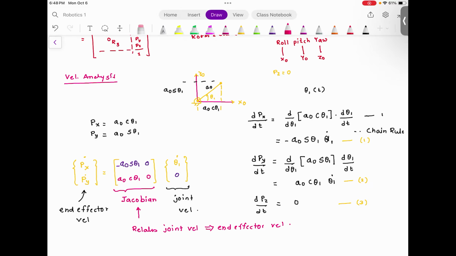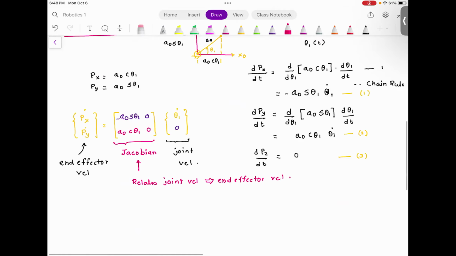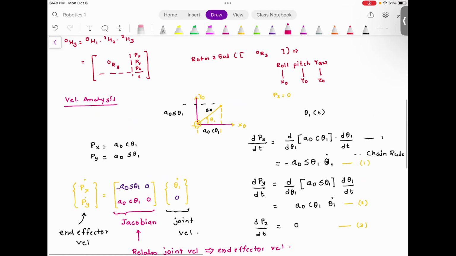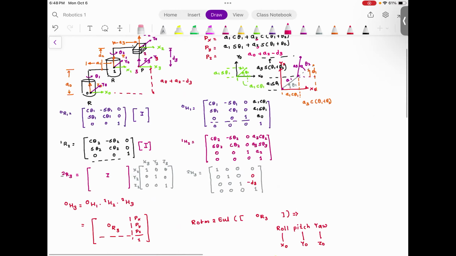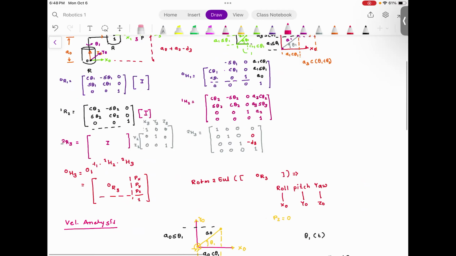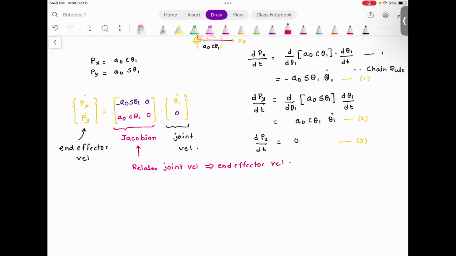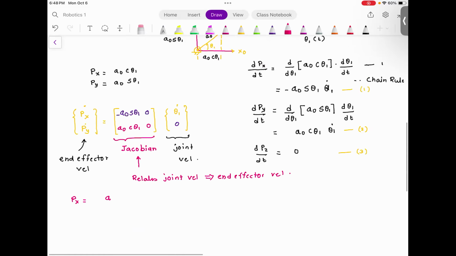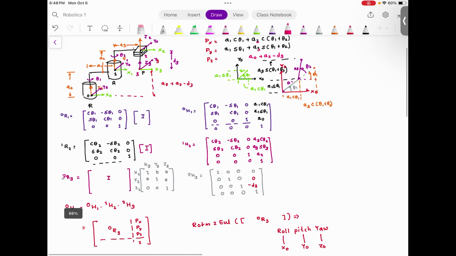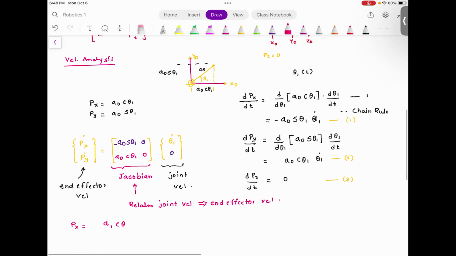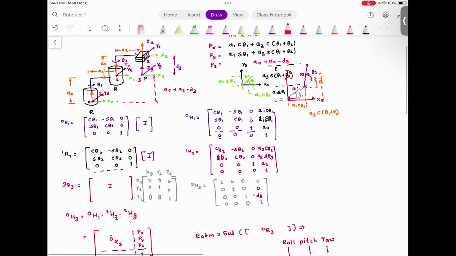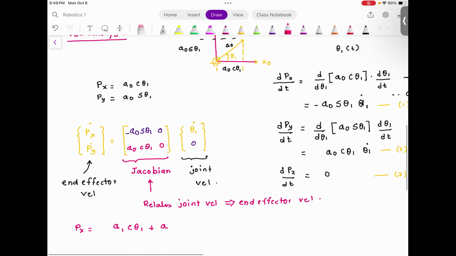Okay, now I'm going to work out the velocity analysis for the SCARA robot. If you look at Px, we know Px is equal to A1 cosine theta 1 plus A3 cosine of theta 1 plus theta 2.